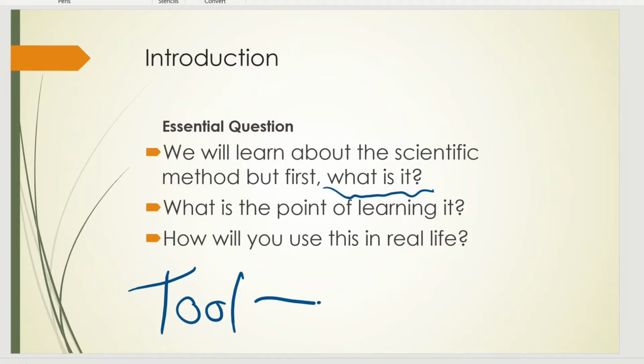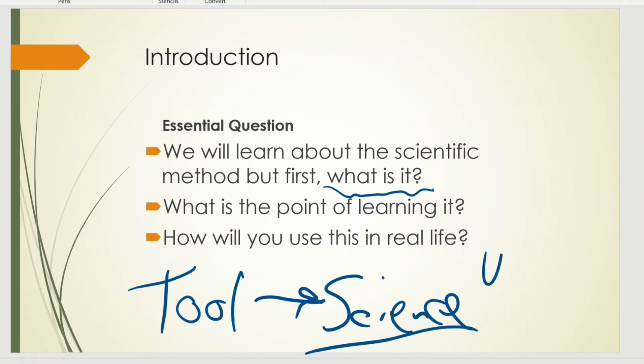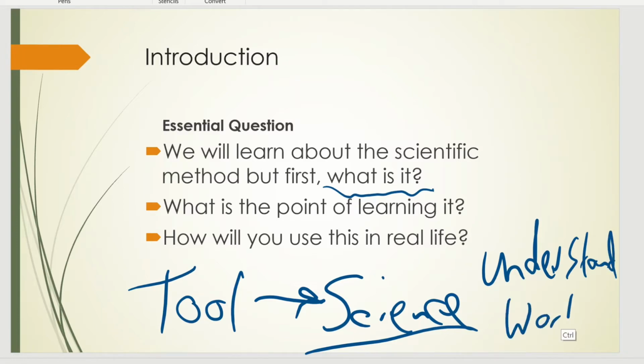And ask and get curiosity and create new studies and understand the universe around us. That's what science is. Science is just understanding the universe, understanding the world that we live in. That's what science is all about. And this is just a tool to start us on the right path to getting there.